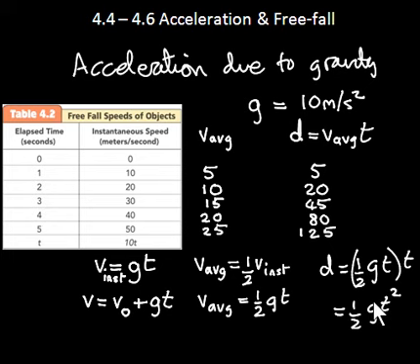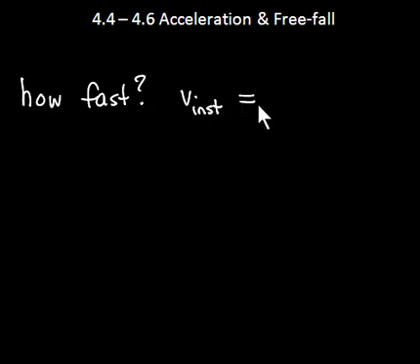And so by thinking through that way, we get to 2 equations that'll tell us everything we ever need to know about a falling object. One is for answering the question, how fast is it going at the end of any given time interval? Its instantaneous speed at the end of any time period is just going to be g times t.